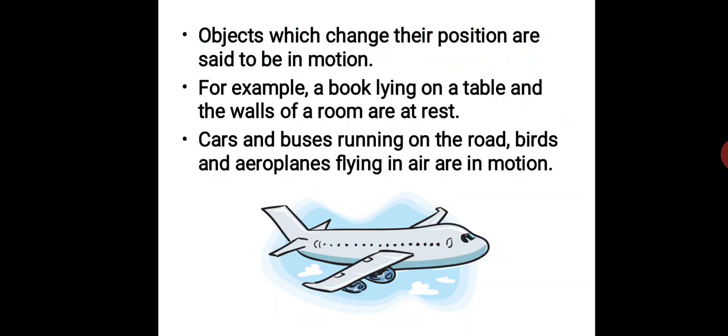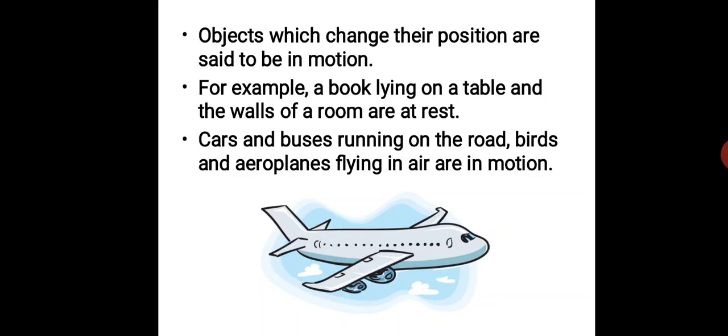Next, objects which change their position are said to be in motion. Change their position means what? You have a toy which will be in one place in the morning and you throw it to another place. Or if it is a moving toy car with a remote control, it will be in one place, and if you control it, it will move from one place to another, then it is said to be in motion.